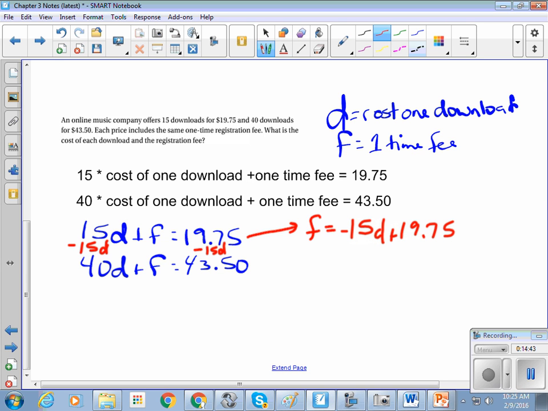Then I'm going to plug that into this F in my second equation. So I'm going to get 40D plus negative 15D plus 19.75 equals 43.50.